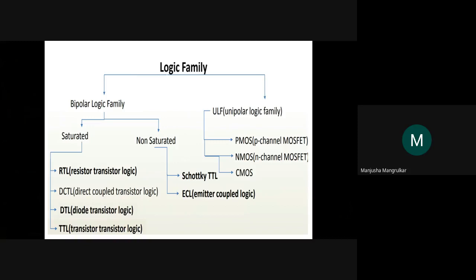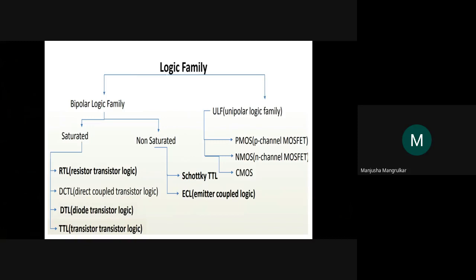In the bipolar logic family, currents flow in both directions. Here the BJT transistor is used, and it is current controlled. In the unipolar logic family we use the FET transistor, and it is voltage controlled. Current flows in one direction only, so it is a unipolar logic family. Today in this lecture we are going to see the bipolar logic family.